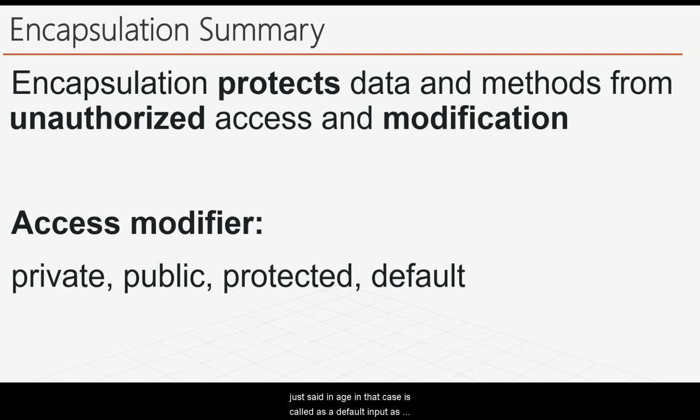You have just set int age. In that case, it's called default. If it is default, it can be accessed within the package. That means all the classes within a particular Java package can access it. Any other class which is outside the package cannot access it. So we'll talk about access modifiers a bit more when we talk about inheritance.